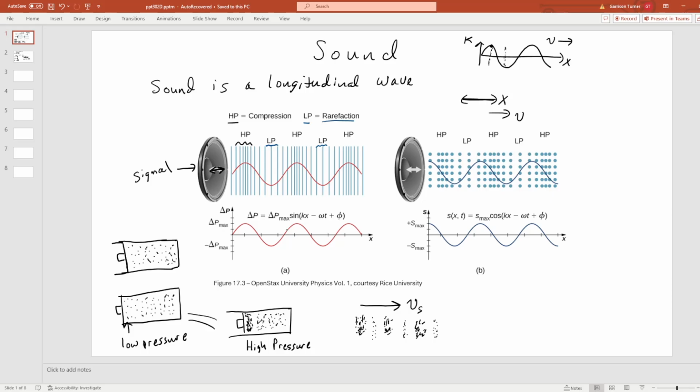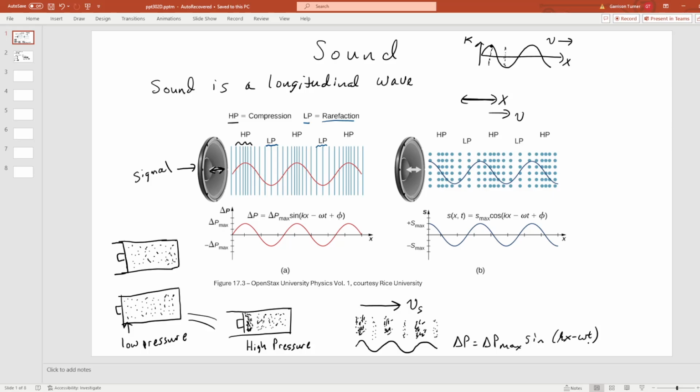And so what that means is your pressure wave, if we think of this as a sine function, high pressure, low pressure, high pressure, low pressure, and I'm going to drop the phase constant for the moment.